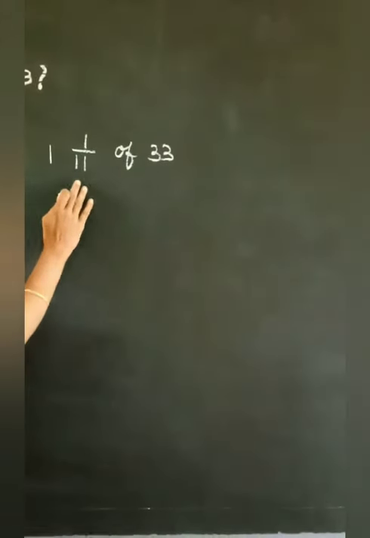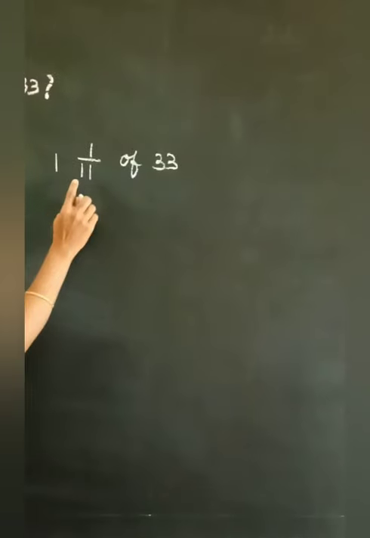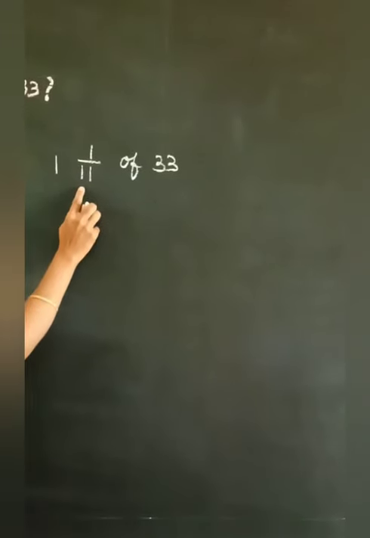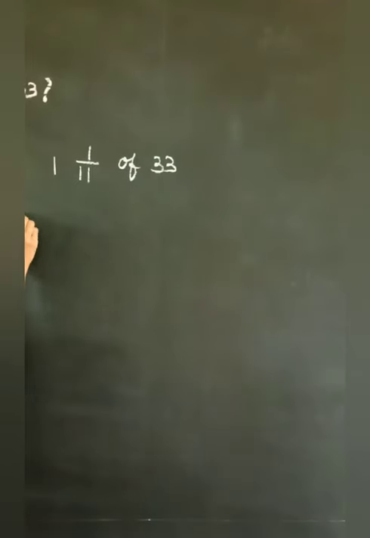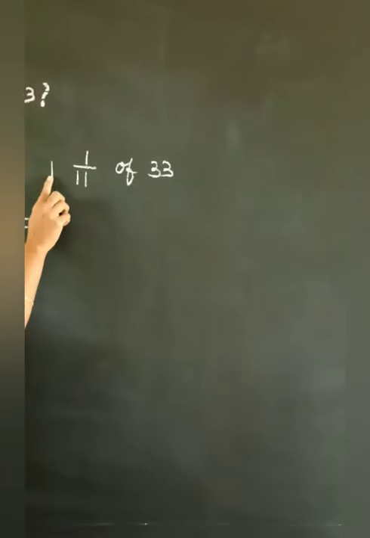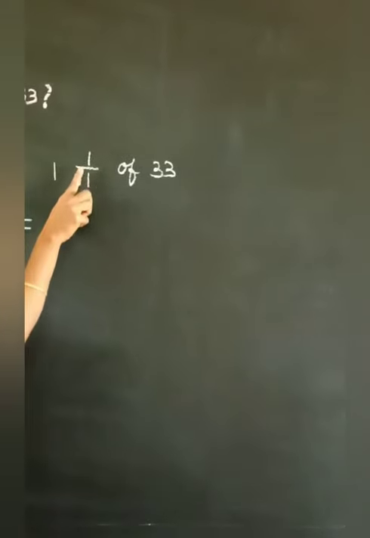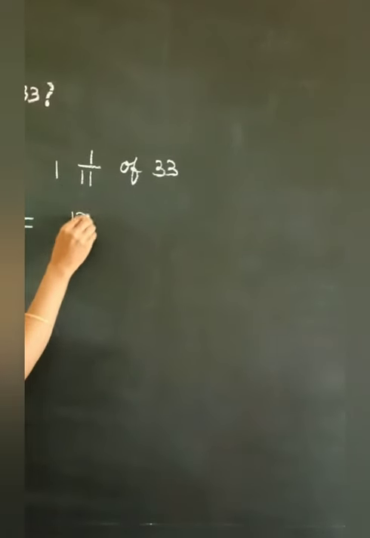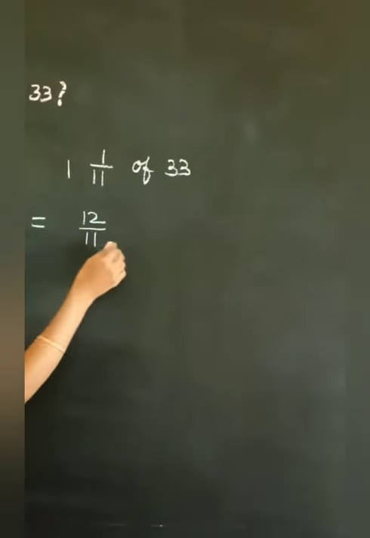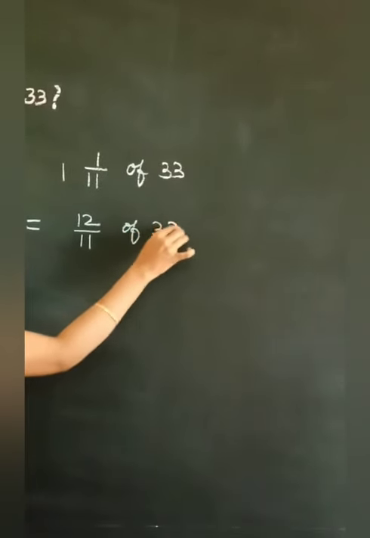Next we go to the next product of the fraction. See this mixed fraction we converted into improper fraction first. That is whole number into denominator. That is 1 into 11, 11 plus 1, 12. 12 divided by 11 of 33.